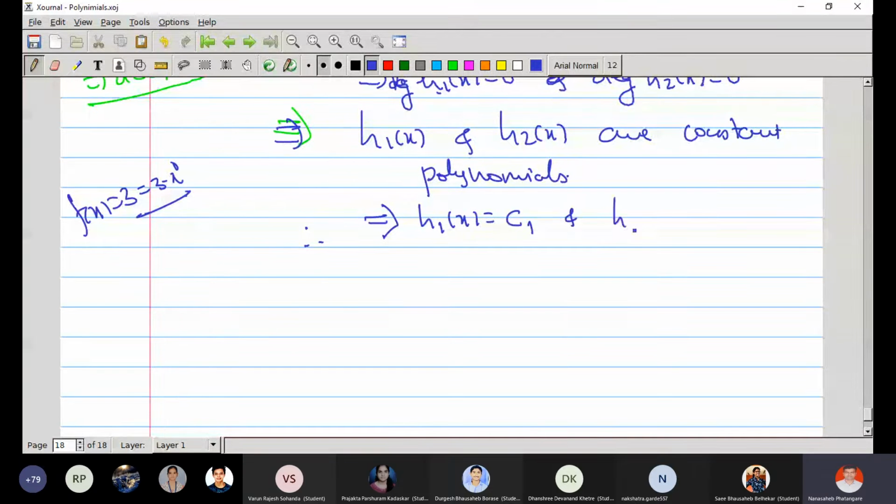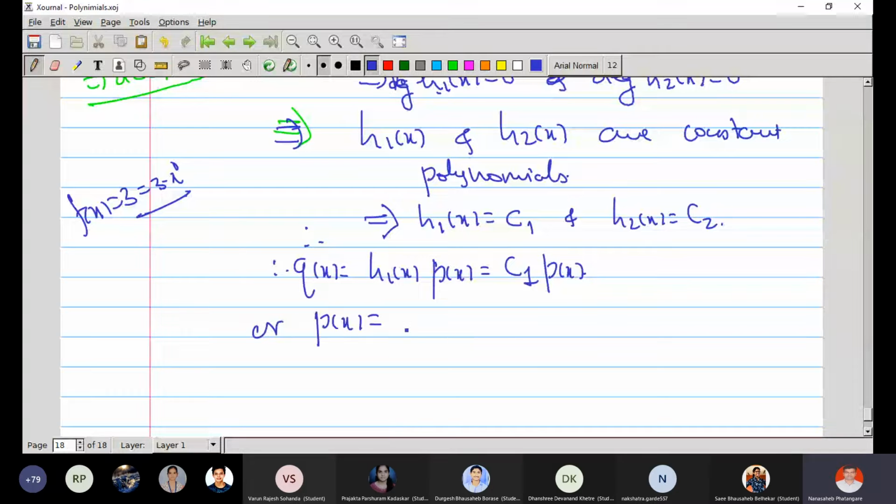Therefore q(x) is equal to h1(x) times p(x), that means it is some c1 times p(x), or p(x) by the second condition is h2(x) into q(x), but h2 is some constant into q(x), right? And therefore if two polynomials divide each other, the only possibility is they are constant multiples of each other, right?